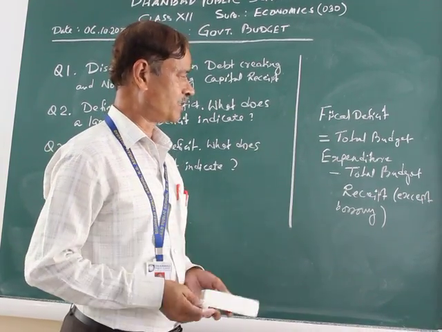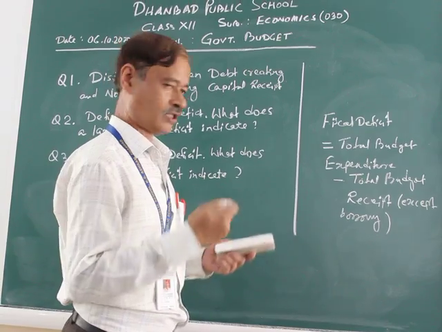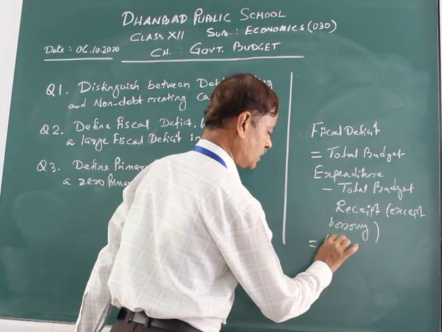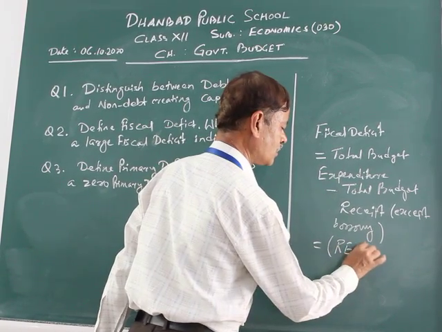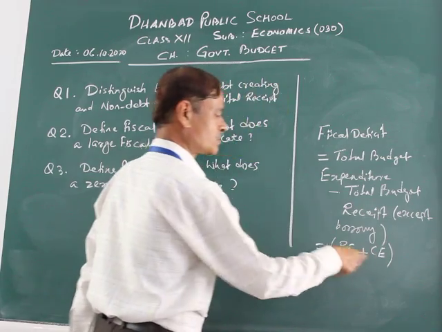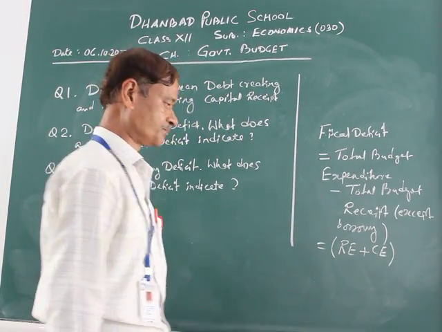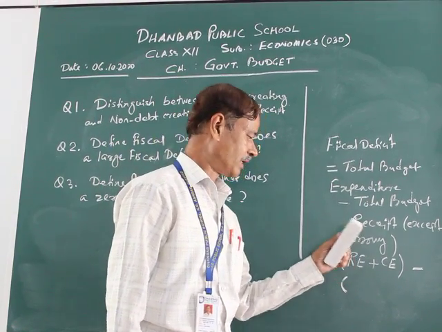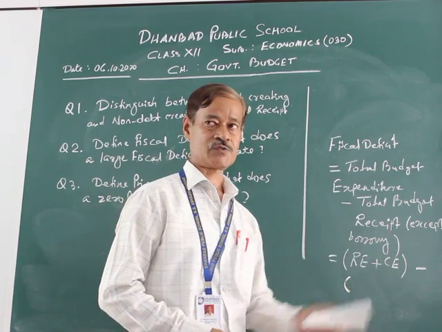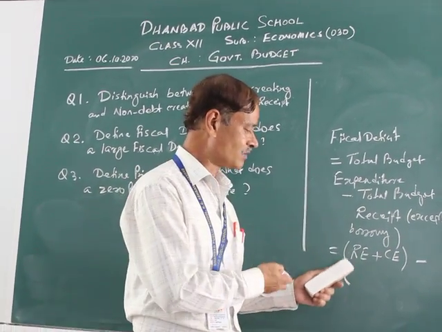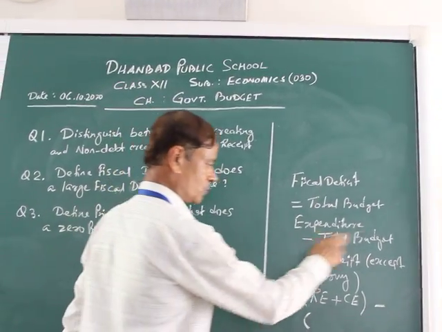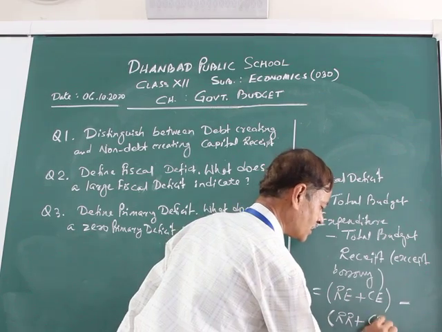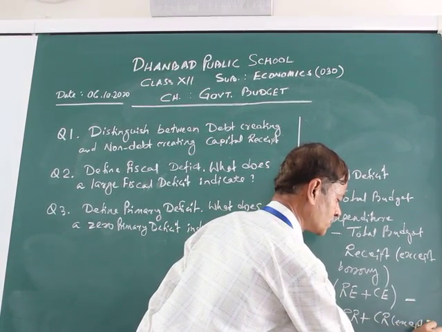Now you know that the budget expenditure is classified into two groups, the revenue expenditure and capital expenditure. So instead of total budget expenditure, you can write revenue expenditure plus capital expenditure, minus the total budget receipt. Like expenditure, the budget receipts are also classified as revenue receipt and capital receipt. So total budget receipt is equal to revenue receipt plus capital receipt except borrowing.